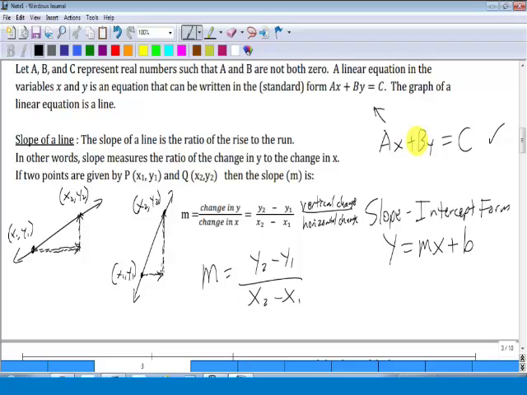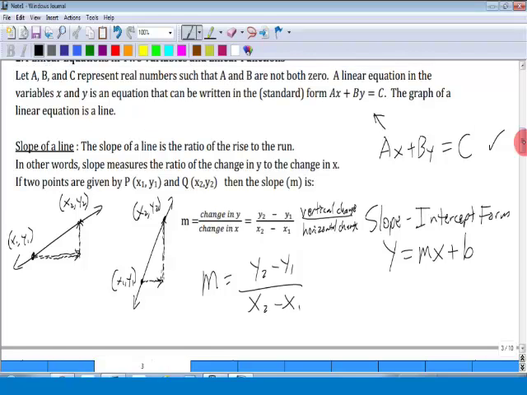That kills both the x and y variables, and you've just got 0 equals c, and that doesn't give you any points. But it could be that one or the other, a or b, could be 0. In the case of a vertical line, b does equal 0 there, and you don't have a y term. So in the case of a vertical line, it's just x equals a constant.